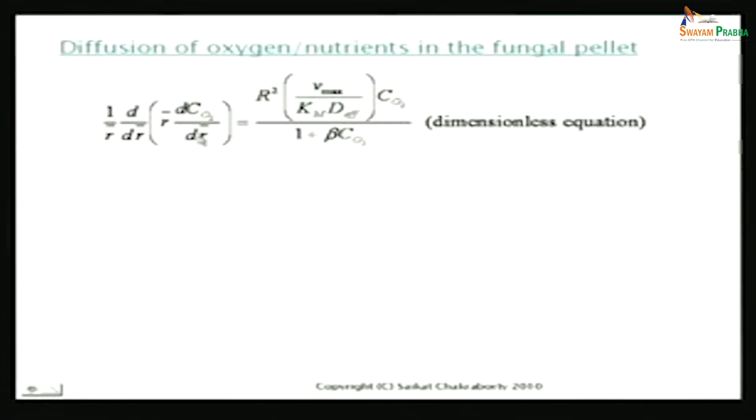So r bar times dc dr, and this is the reaction. What is happening is that this is the diffusion of the substrate inside the mold, and there is a reaction occurring. A couple of things we need to understand before we go further. One is that while in the cell we neglected the mass transfer gradient of the substrate within the cell, we cannot do it here. Why? Because the cell is a much smaller entity.